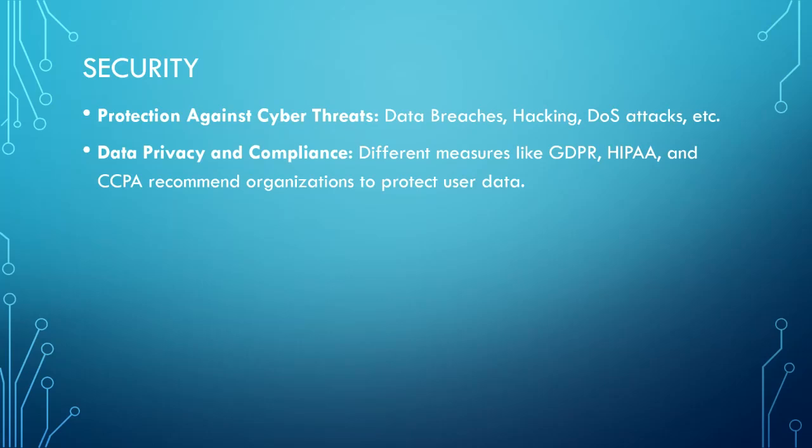In terms of data privacy and compliance, these are some examples, and there could be other procedures and policies which differ between countries or continents, or between industries as well. Banking could have different ones and insurance could have different ones. We should follow that. And in case of any cyber attacks like data breaches, hacking, or denial of service attacks, the system should be efficient enough to handle all these factors.